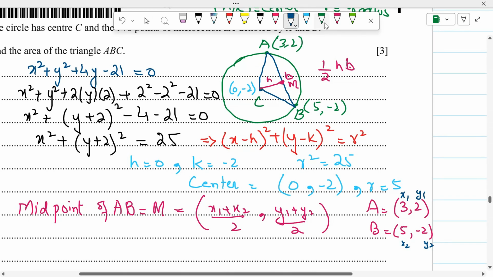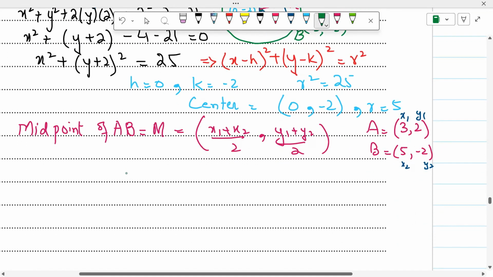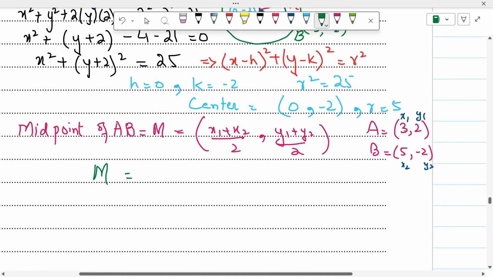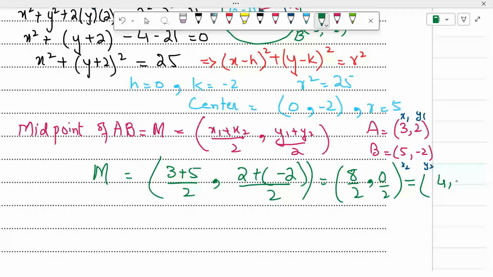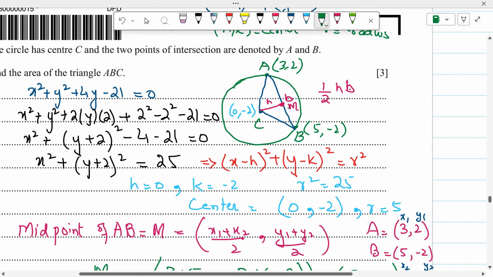Plugging in the x coordinates and y coordinates, we will have M equal to 3 plus 5 over 2 comma 2 plus negative 2 over 2, which is equal to 8 over 2 comma 0 over 2, which is equal to 4 comma 0. So we have the midpoint M.